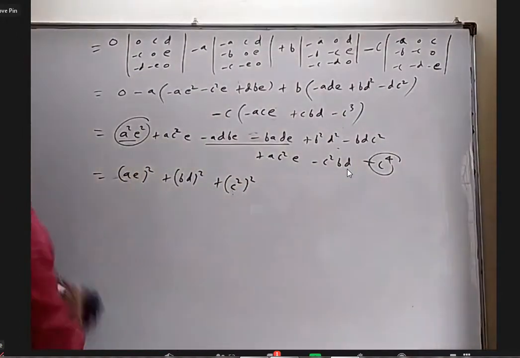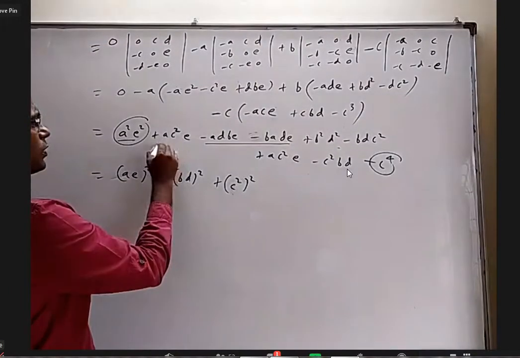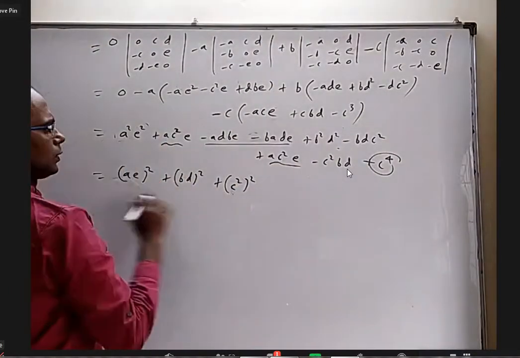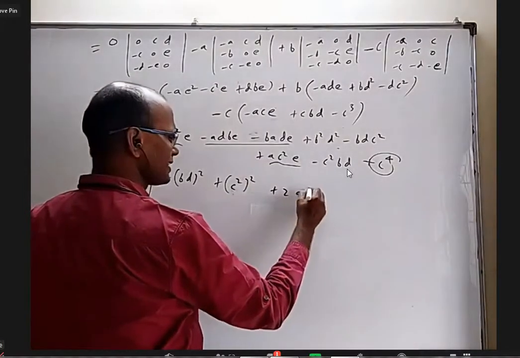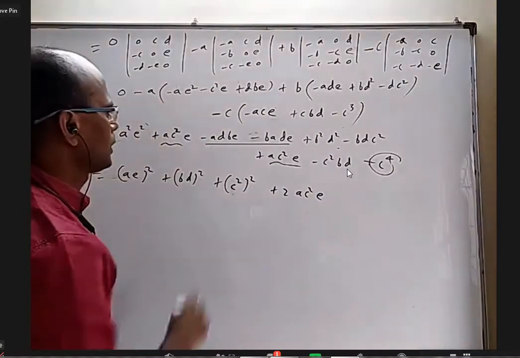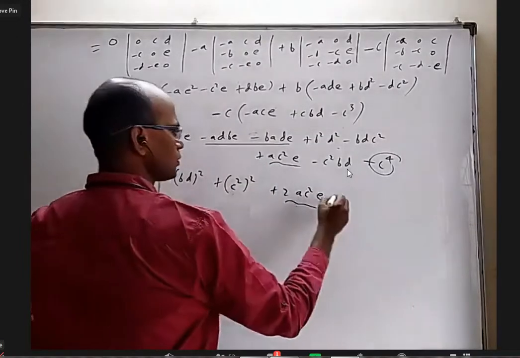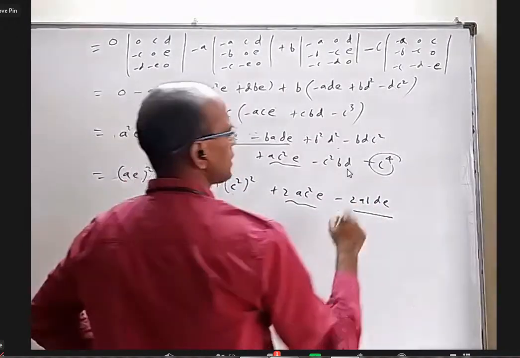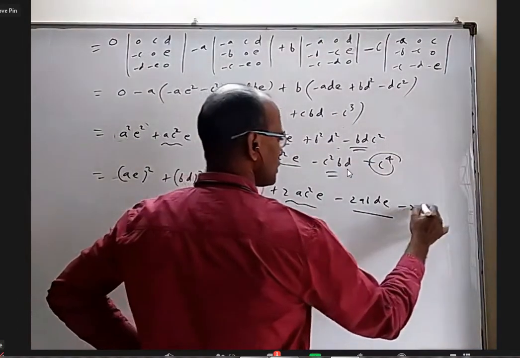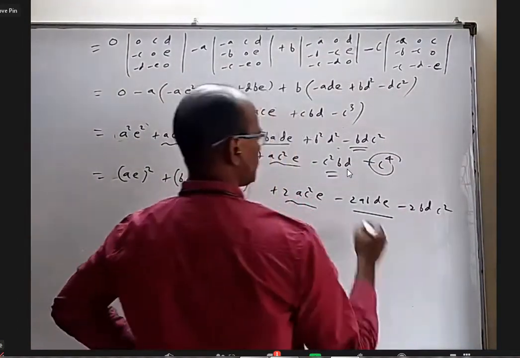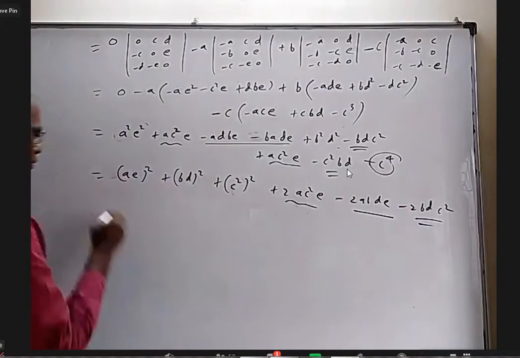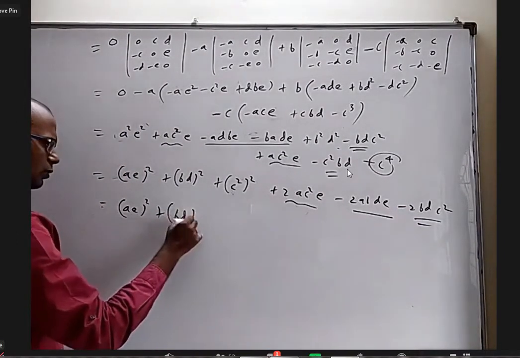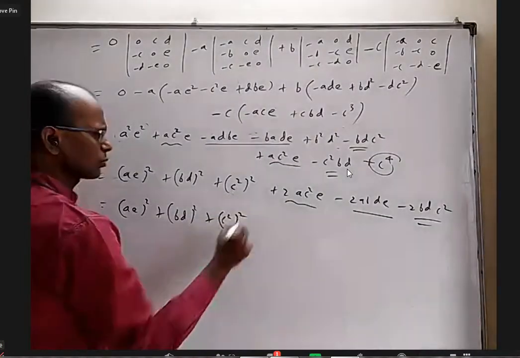Next, here AC square E and this together, I can write 2AC square E, and this together is minus 2ABD, which is this, and then this and this is minus 2BD C square, that is this. Further, AE whole square plus BD whole square plus C square whole square.